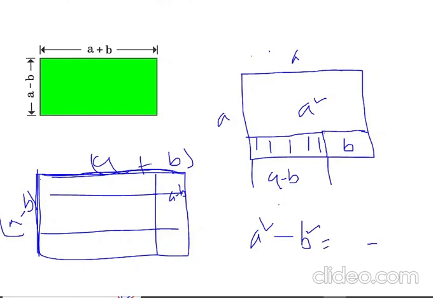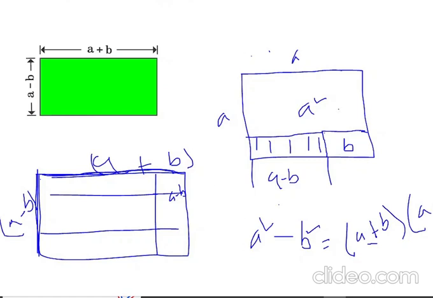We get a plus b into a minus b. So it has been proved both mathematically, that we call algebraically, and geometrically.